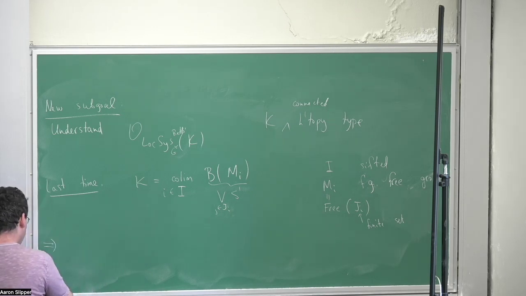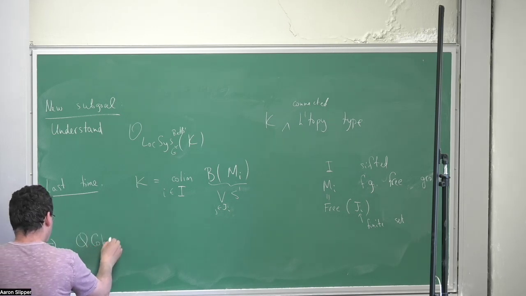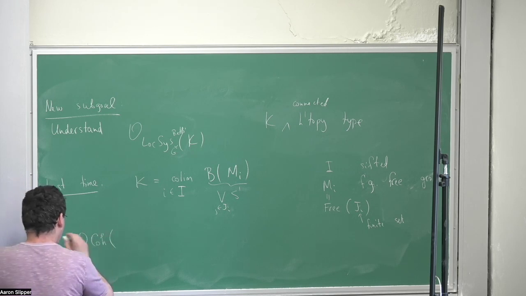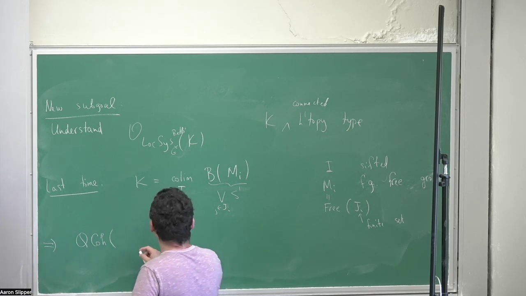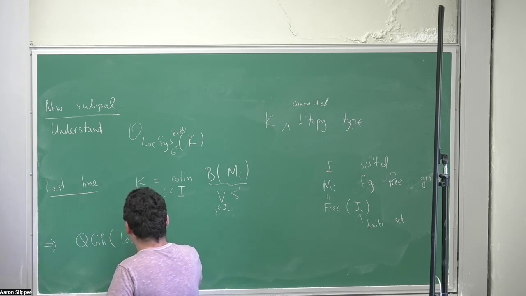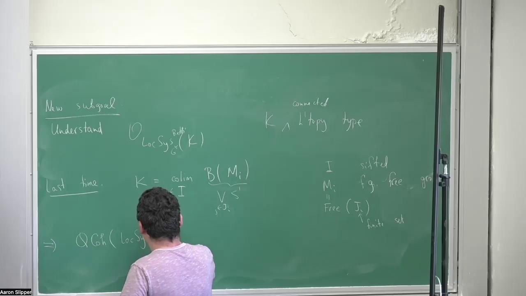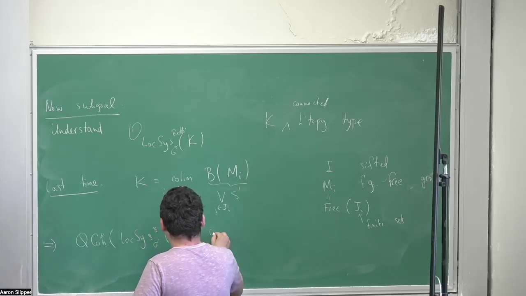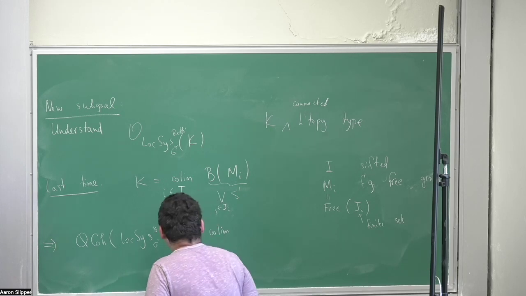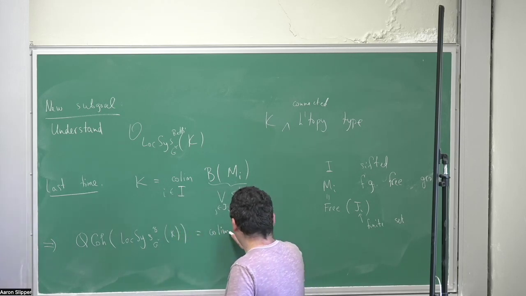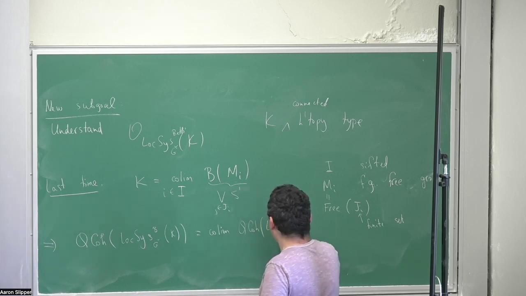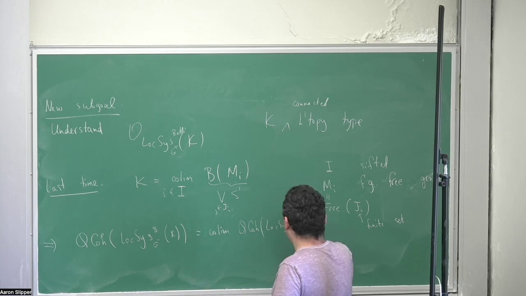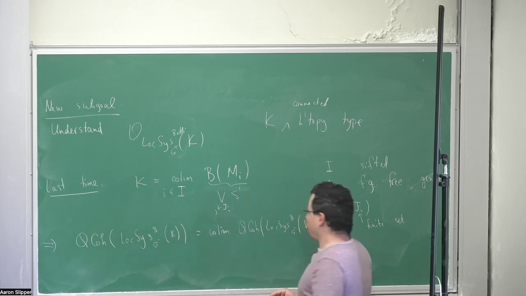So the upshot of this is that the category of quasi-coherent sheaves on K is the colimit of quasi-coherent sheaves on just wedges of S1s.